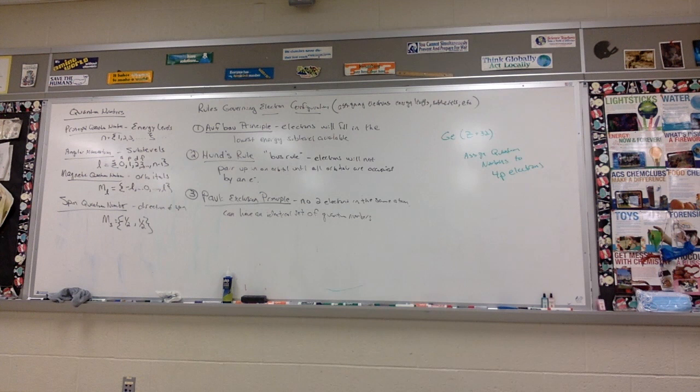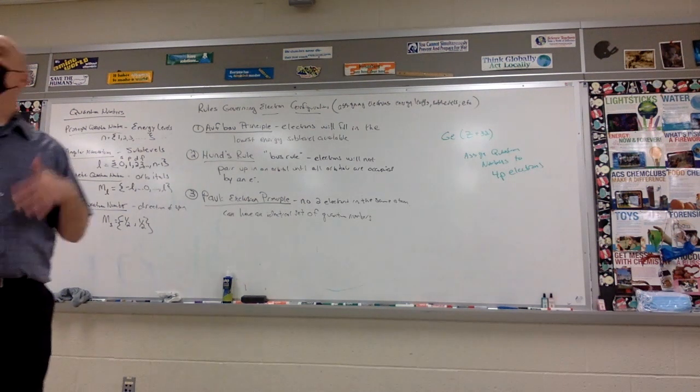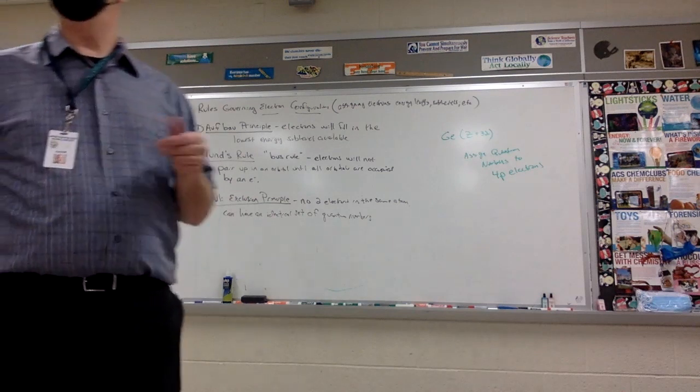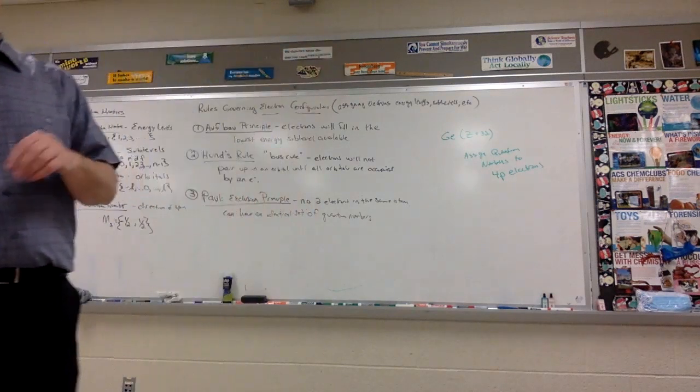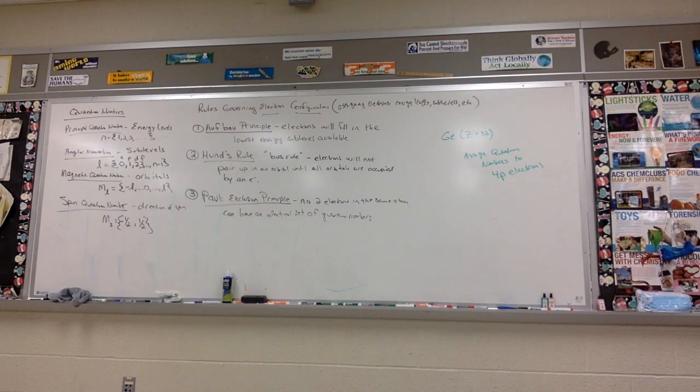So what I want to do is use these rules to start representing electron configurations for electrons in atoms and assign quantum number values to each electron in them. All right. It takes a little while to get the hang of this, because once you get the connection, it's not too bad.